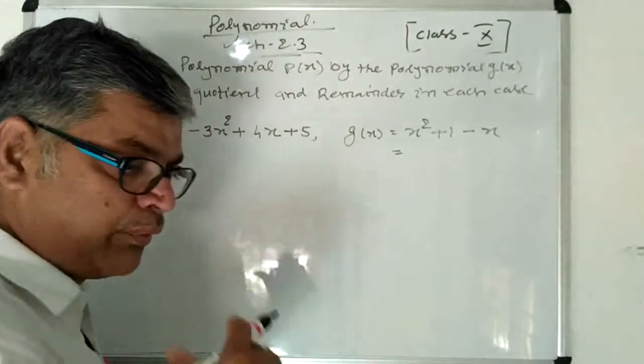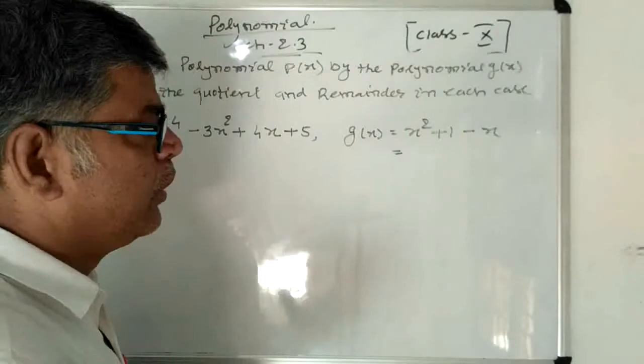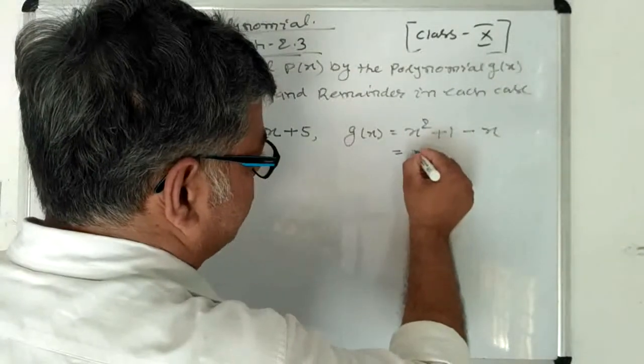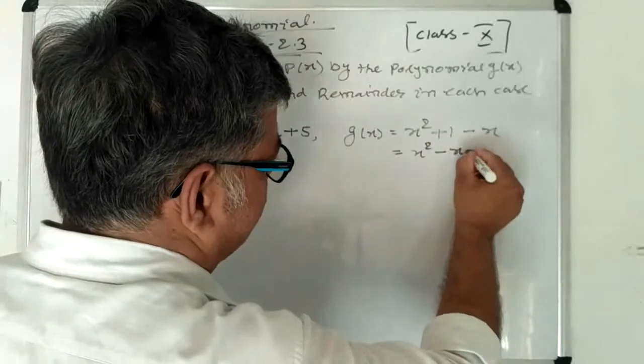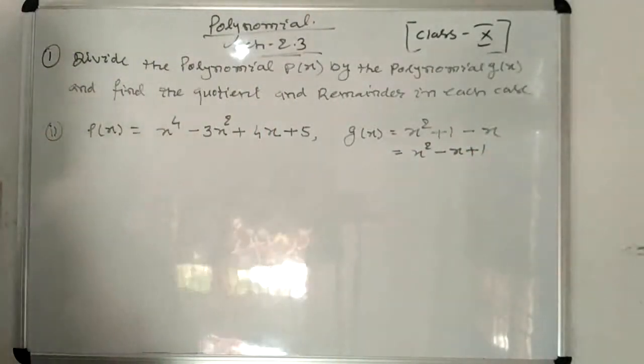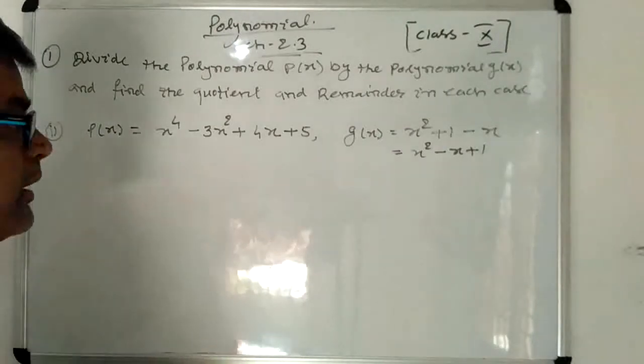As you know, when we write a polynomial, we write the constant as the last term. So we can write it as x square minus x plus 1. Now we have to divide p(x) by g(x).